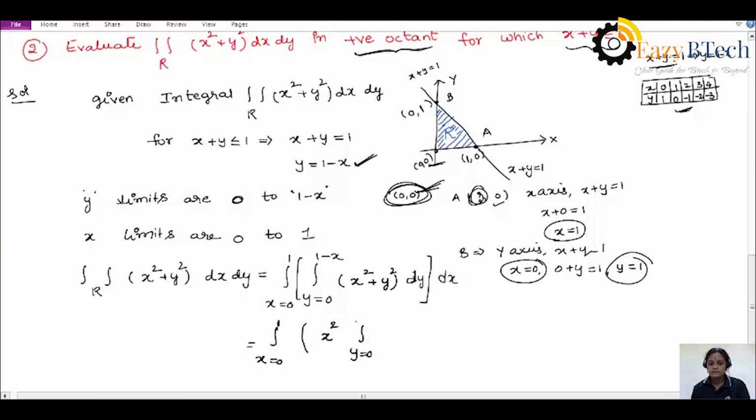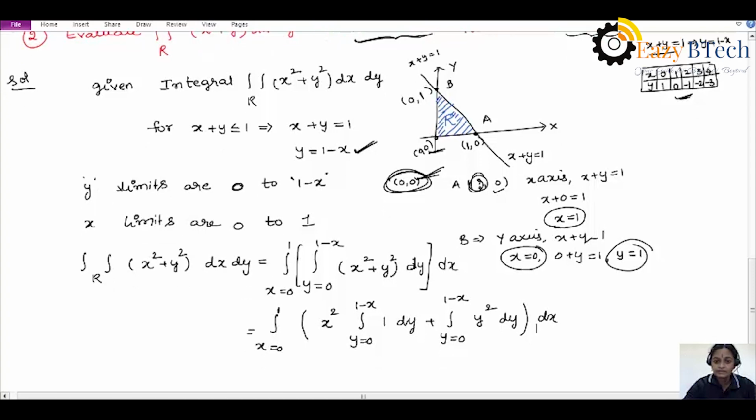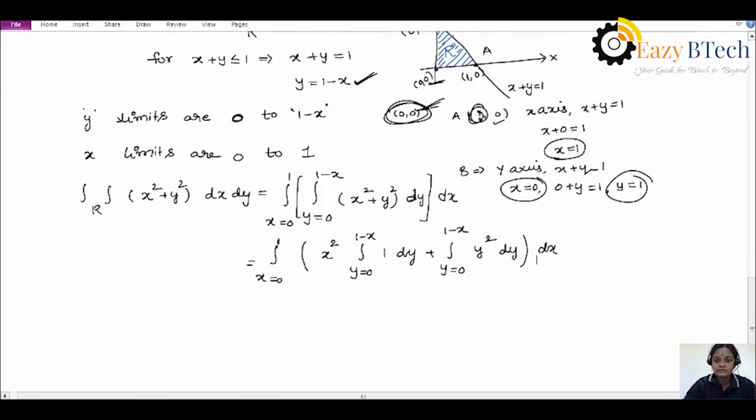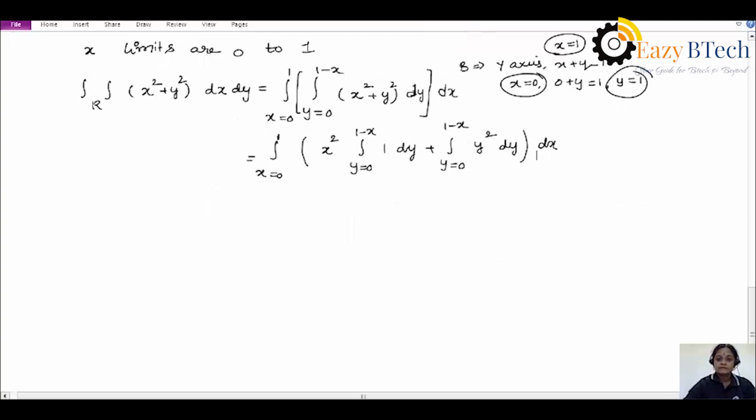Integral y from 0 to 1 minus x of 1 dy, and integral y from 0 to 1 minus x of y square dy, into dx. Because we are doing integration with respect to y, x square is common here.